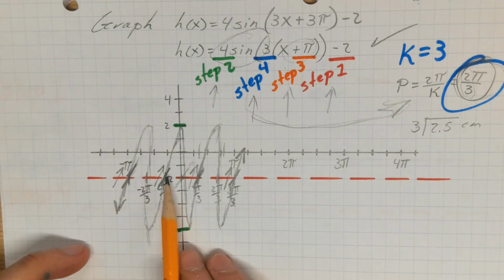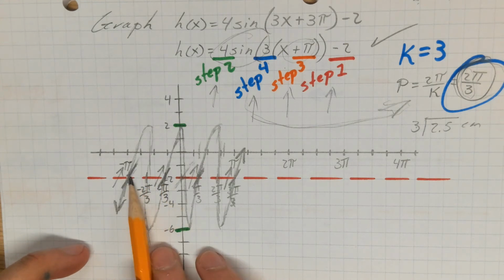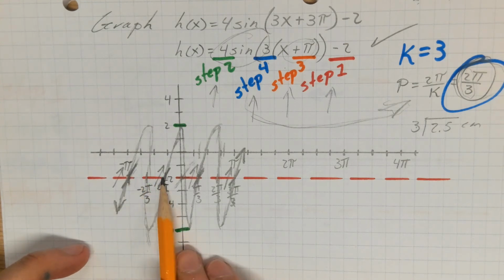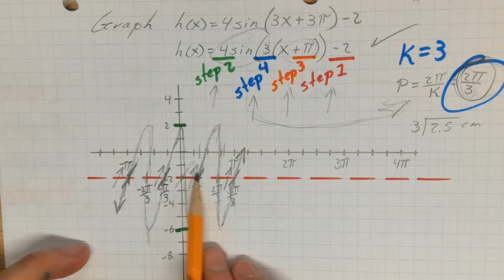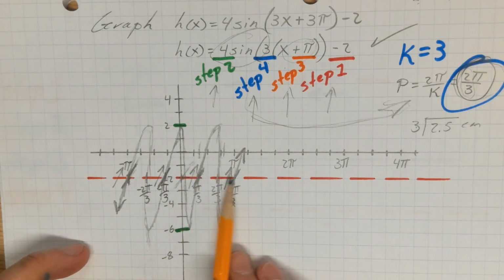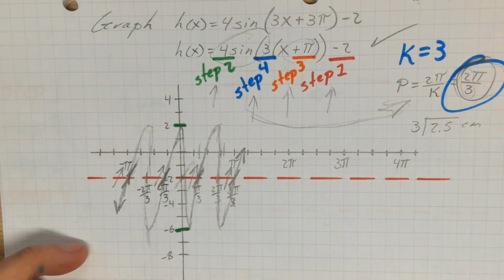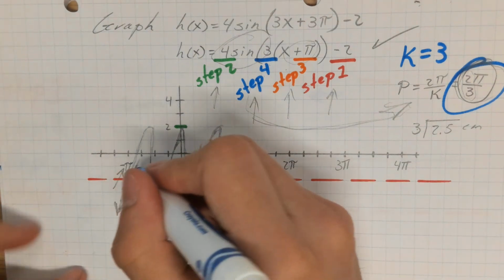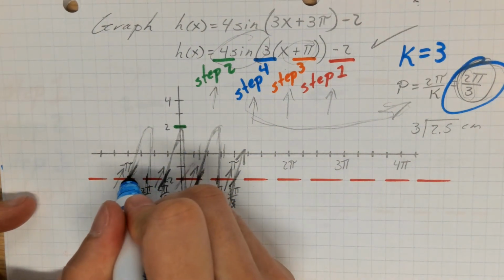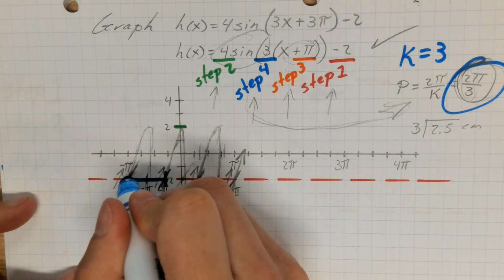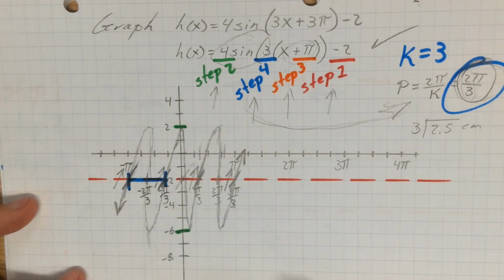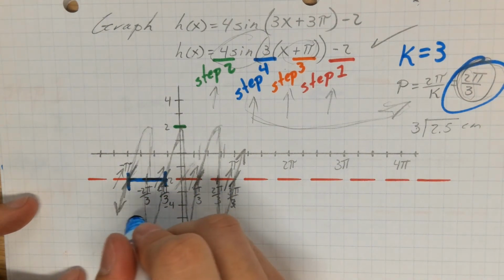Then what I did, I just measured 2/3 of pi this way. The distance from here to here has to be 2/3 of pi. Then the distance from here to here has to be another 2/3 of pi. And again, the distance from here to here has to be another 2/3 of pi. Also, this distance right here, which is 2/3 of pi, is 2 pi over 3.